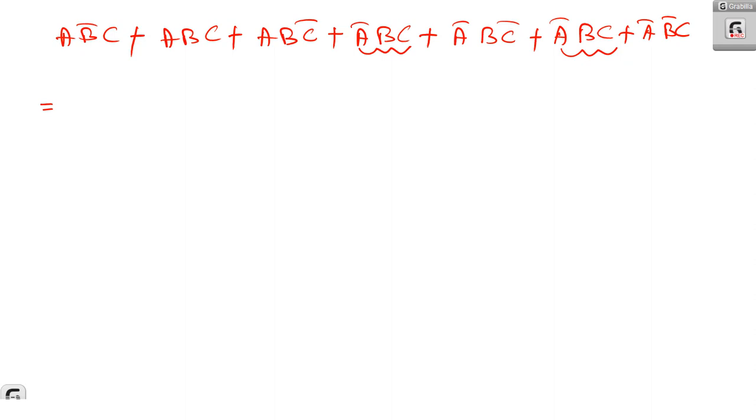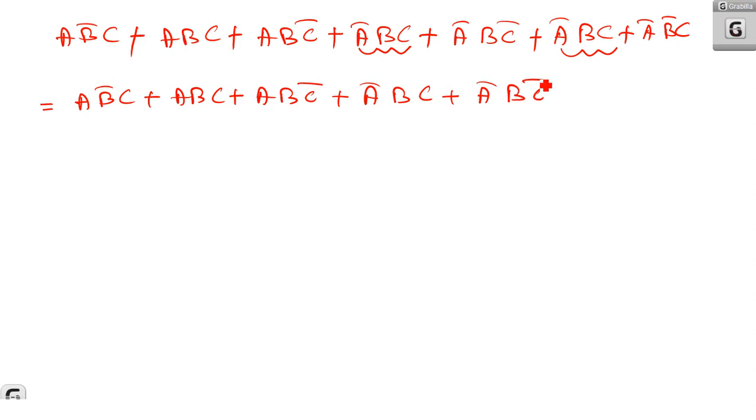Is anything else there? So you can write it as A B bar C, or A B C, or A B C bar, or A bar B C, or A bar B C bar, or A bar B bar C. Now which is common?